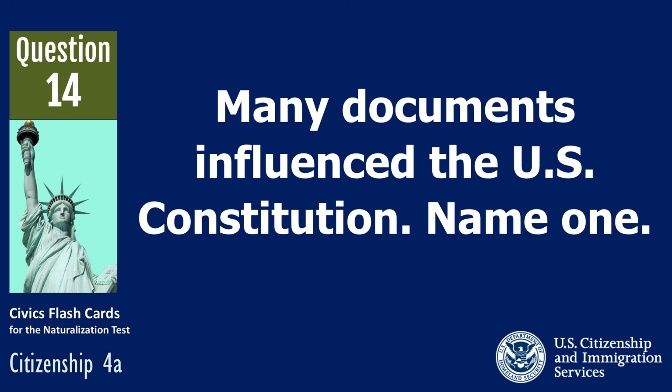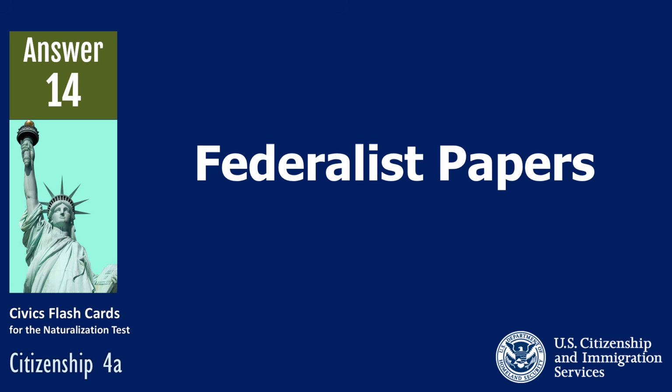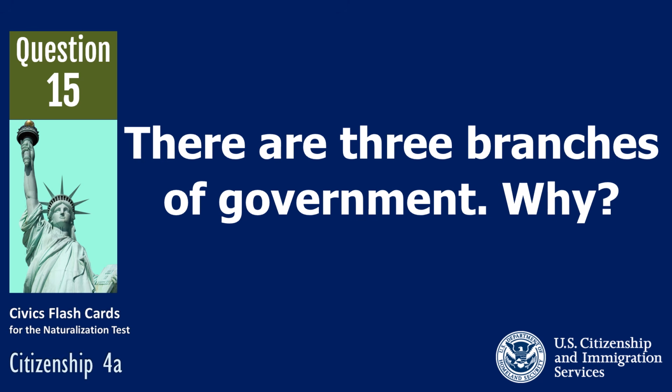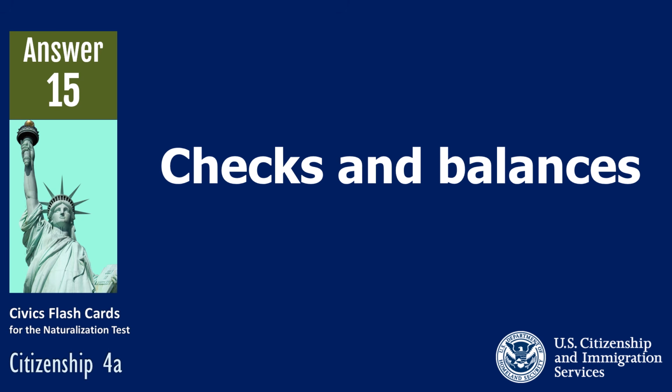Many documents influence the U.S. Constitution. Name one. Federalist Papers. There are three branches of government. Why? Checks and balances.